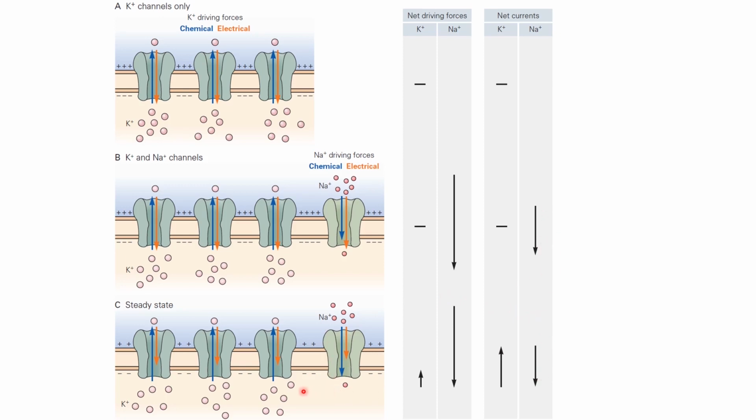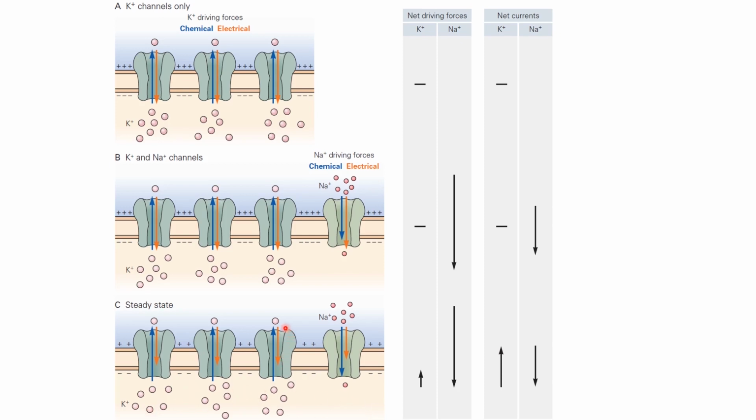Now, as the electrical gradient for sodium has changed because the membrane potential has become more positive, similarly the electrical gradient for potassium ions will also change because membrane potential is a common value for the whole neuron.